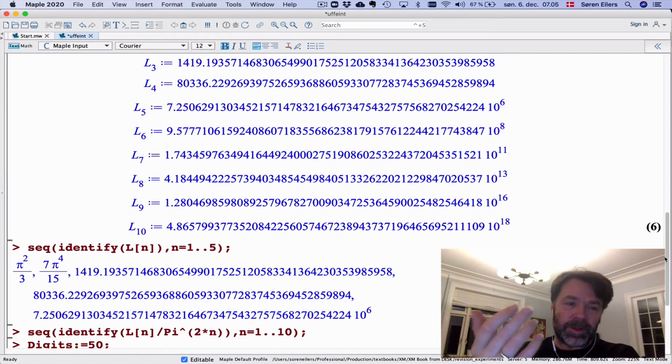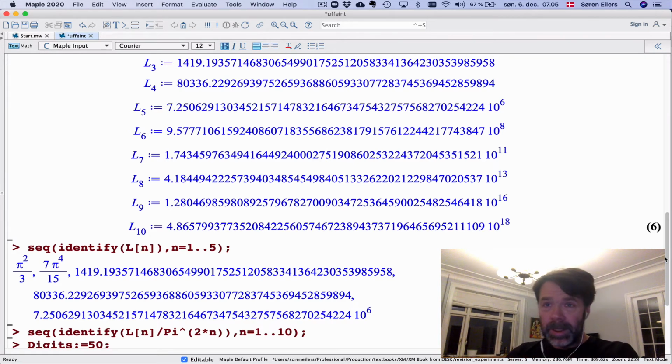This is essentially the way Identify works: it tries a lot of different things, and one of the first things it will try is to look for some sort of relation that involves the important mathematical constants like pi. So that's why these values are found fairly quickly.